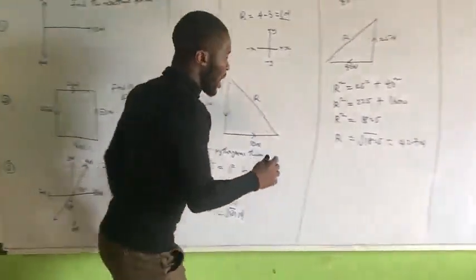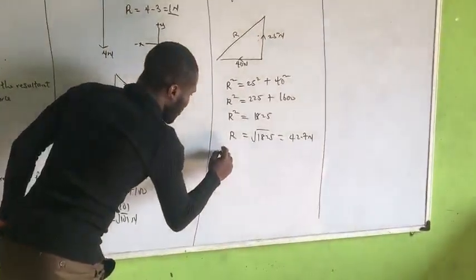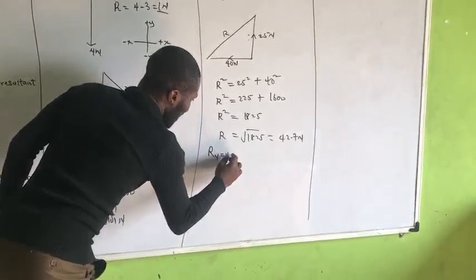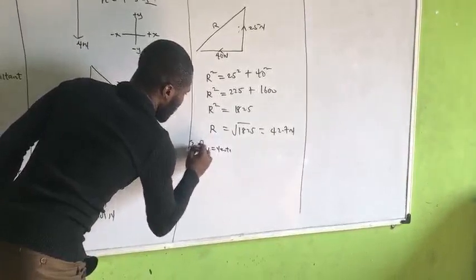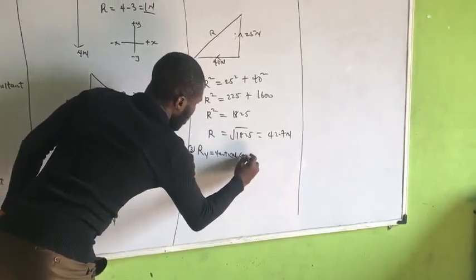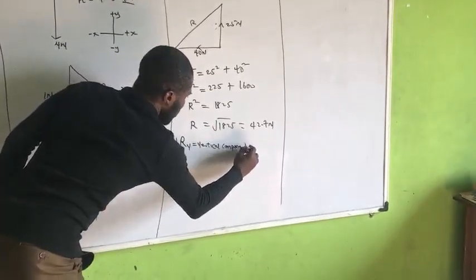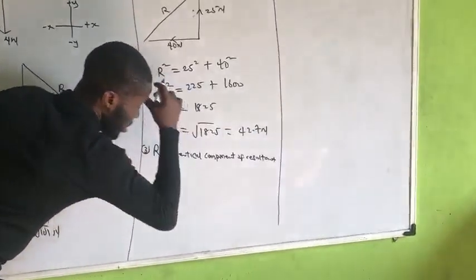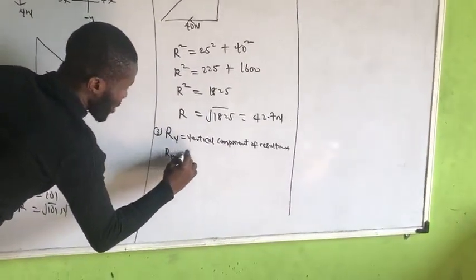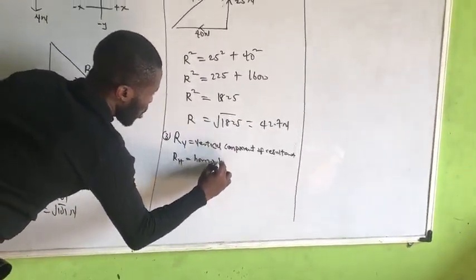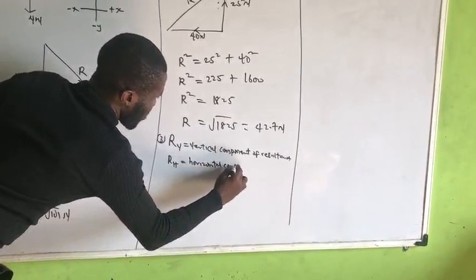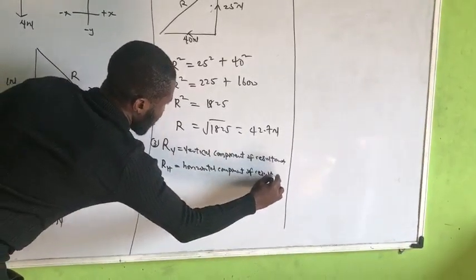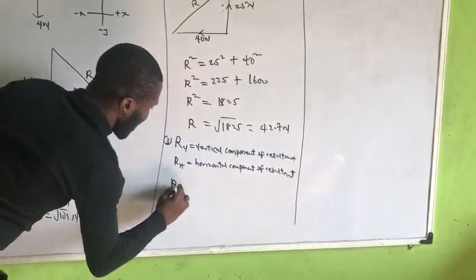Let's call the vertical component of the resultant r sub v, and r sub h the horizontal component of the resultant. Now, let's find the vertical component of the resultant.